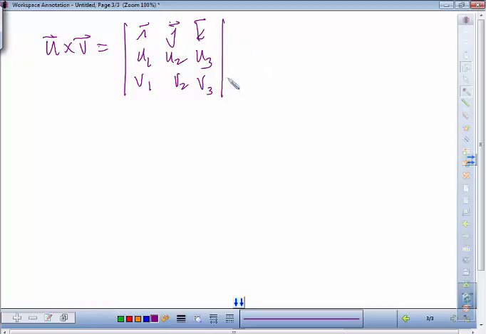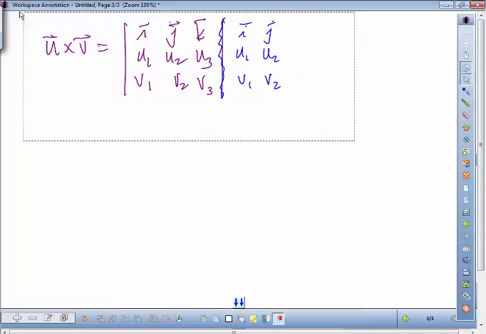So what people do is they actually extend this a little bit, and then they copy the first two columns, I and J, U1, U2, V1, V2. They copy the two columns. I need more room here.